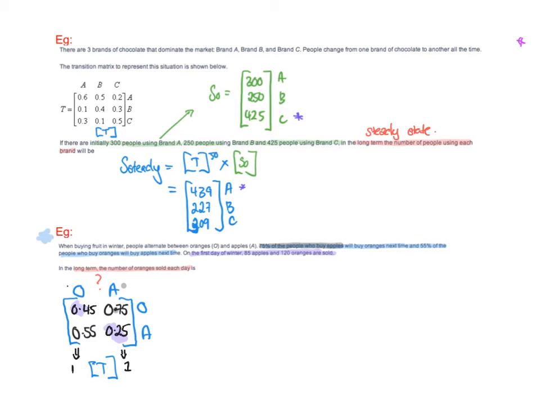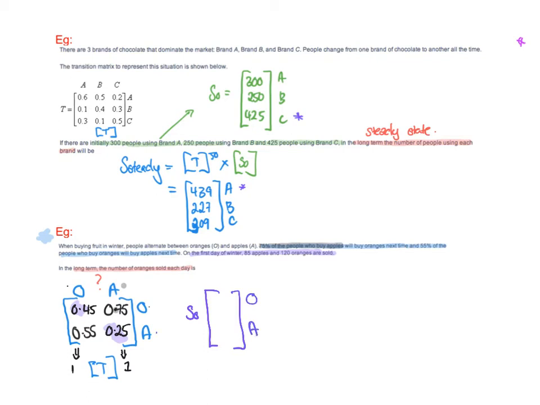All right, so now I have my transition, and in the purple, what I highlighted was the initial state they gave me. I've got to make sure that my order is oranges and apples, because that's how I did the transition.